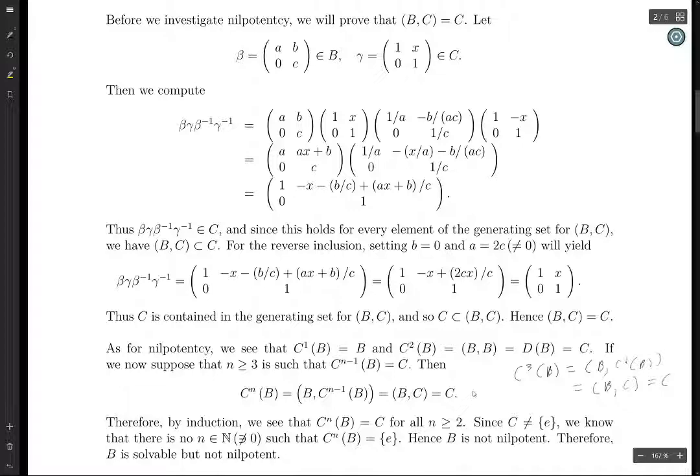And so by induction, Cn of B is C for every n greater than or equal to 2.